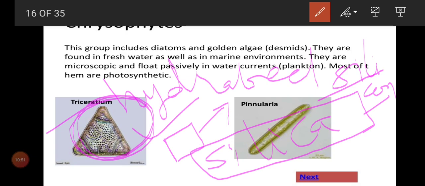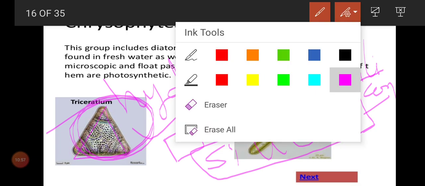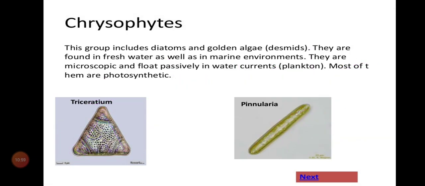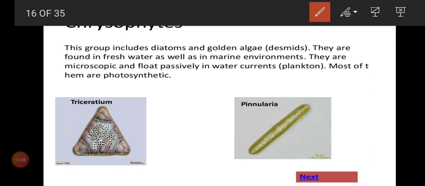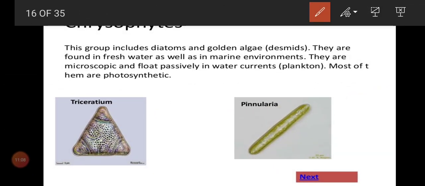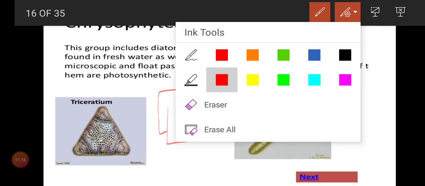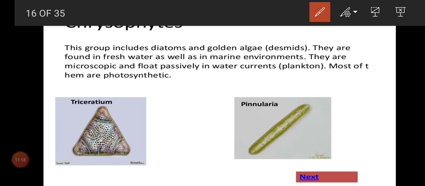And why is it not degraded? Here this is the cell wall of the diatom, and it functions like a soap box. This is one layer, and another layer is like this, so it is protected once again.